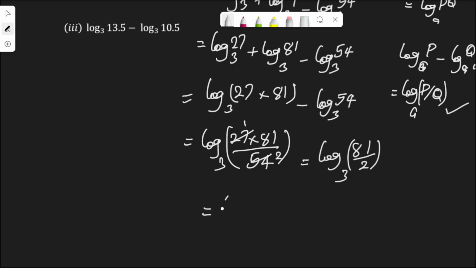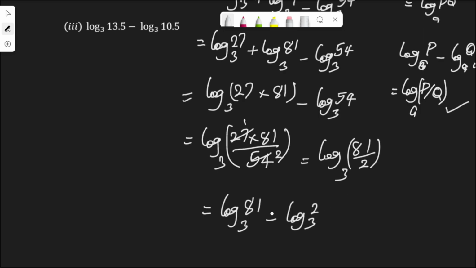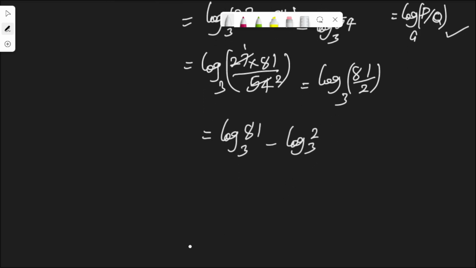I'll have log 81 to base 3 minus log 2 to base 3. And 81 can be expressed in index form as 3 to the power of 4. So this becomes log 3 to the power of 4 to base 3 minus log 2 to base 3.